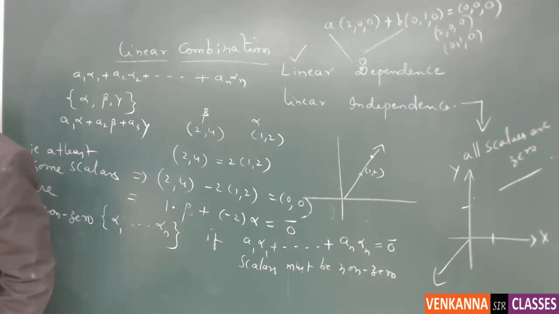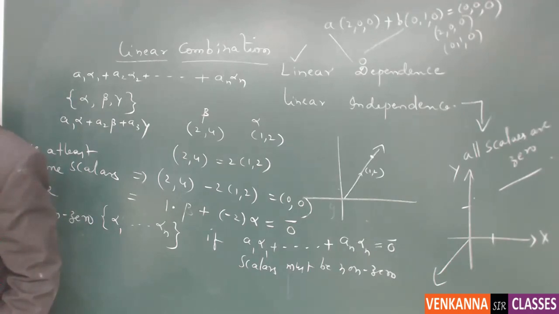So this is called linear dependence and independence. Please understand that we are calling it dependence or independence based on the scalars. By the choice of scalars only, we are saying that the set is dependent or independent.